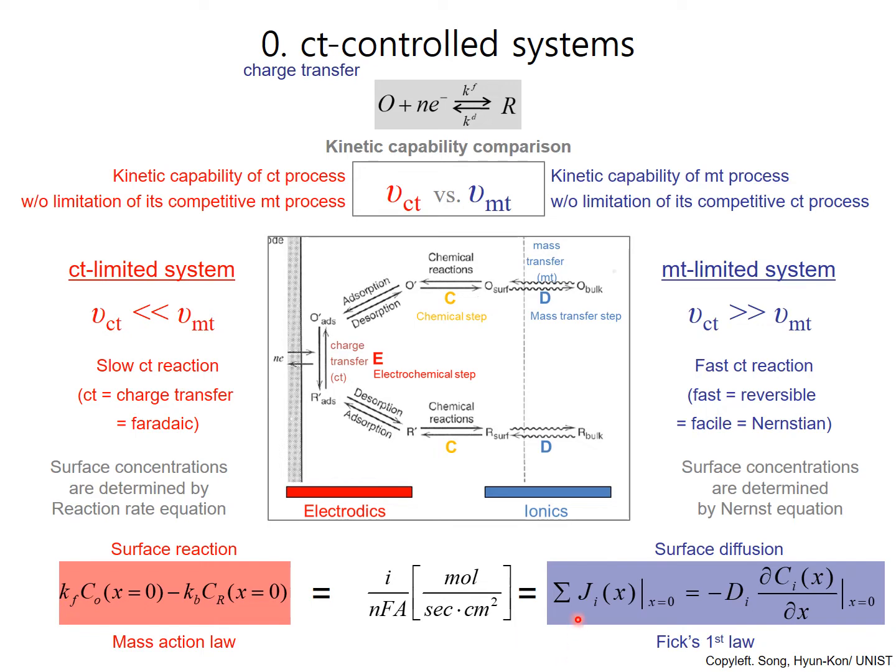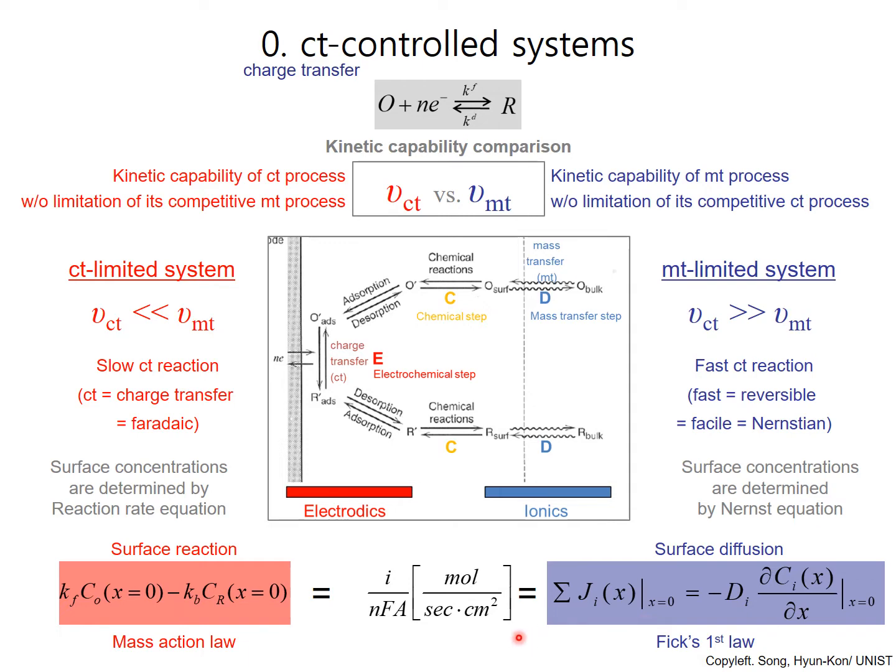Let me check those equations. Current per number of electrons transferred, Faraday constant and electrode area, can be described by the mole flux at the surface, because mass transfer determines the overall kinetics.